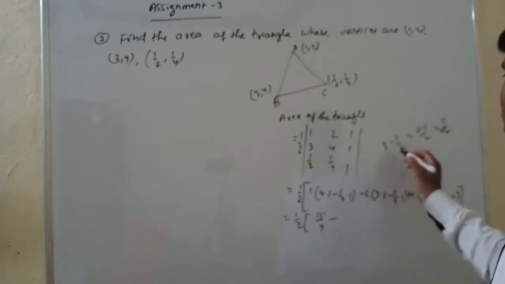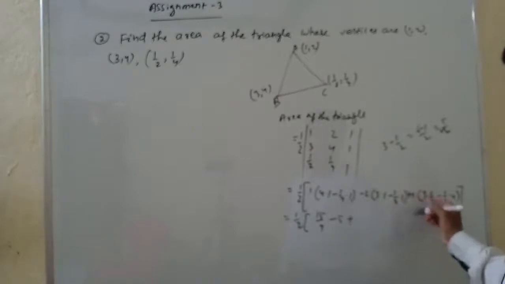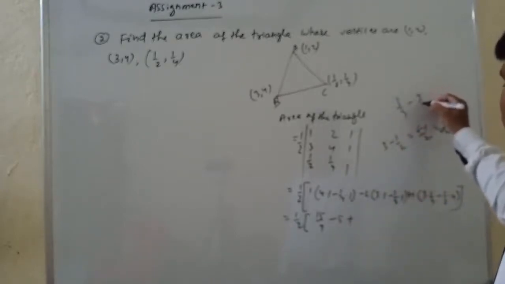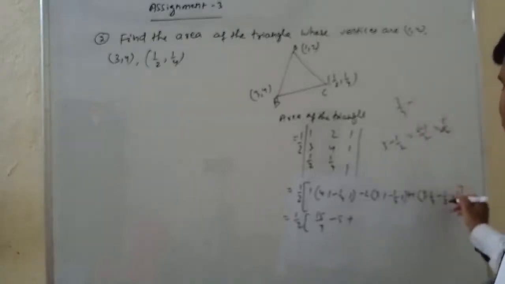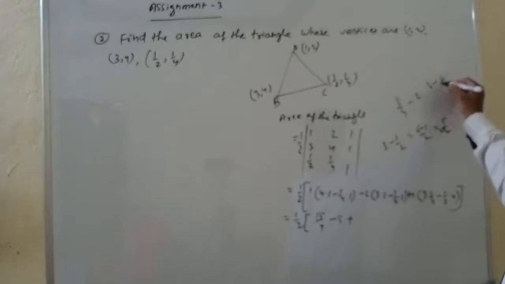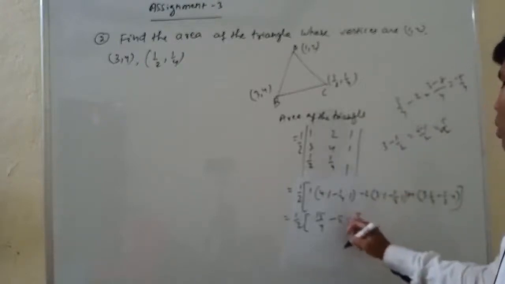Okay, that means minus 5 plus 3 by 4 minus 4 by 2. 4 by 2 is 2, that is 3 minus 8 by 4, 3 minus 8 is equal to minus 5 by 4. Okay, plus minus 5 by 4 here.